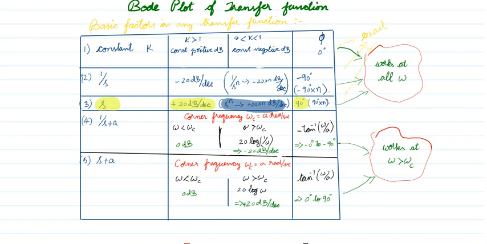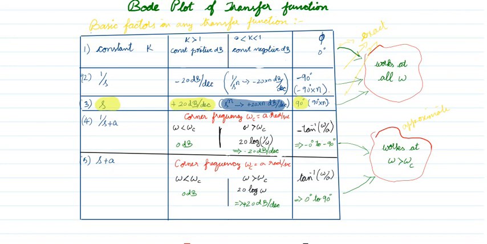We never do any approximation, right? And if you take the cases 1 by s plus a and s plus a, here we have a corner frequency. For both the cases we have a corner frequency, and we approximate. These two are approximate. These things we discussed in the previous lecture itself. Just a quick recapitulation. We are discussing these things again, right?